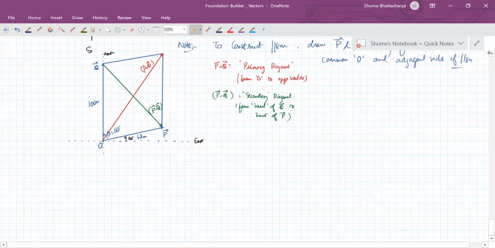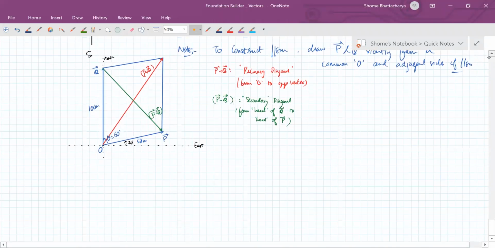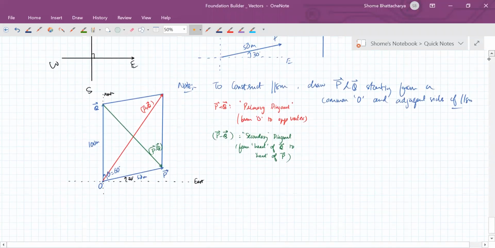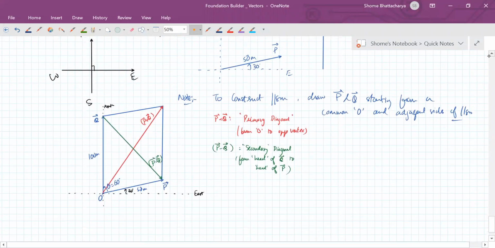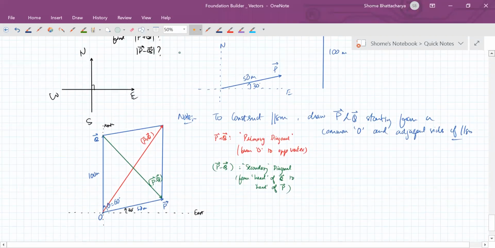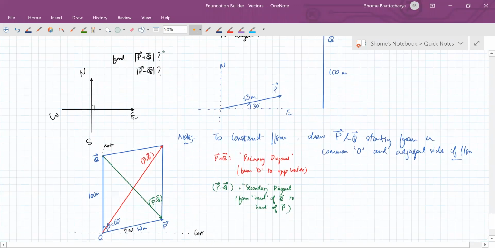And then of course to find the individual magnitudes of P plus Q and P minus Q, next thing I have to do is use the formulae. In the formula we have to substitute magnitude of P as 50, magnitude of Q as 100, and theta as 60 degrees.